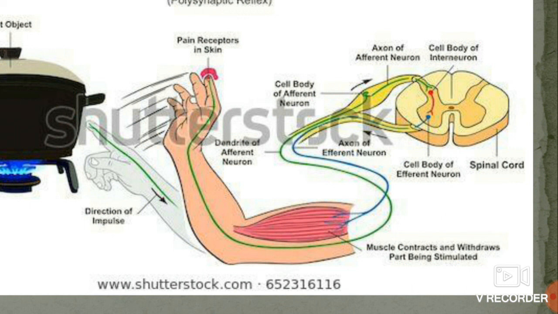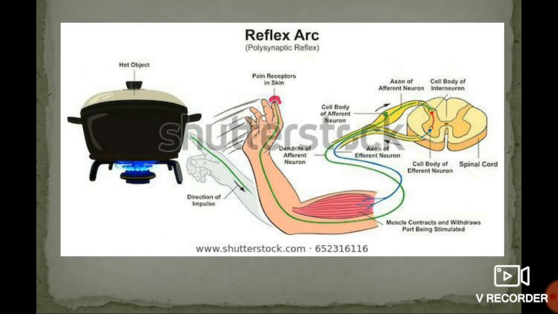The response is withdrawal of the hand. It is a quick, sudden and immediate response, that's why we call it reflex action. The pathway through which nerve impulses pass during reflex action is called the reflex arc.